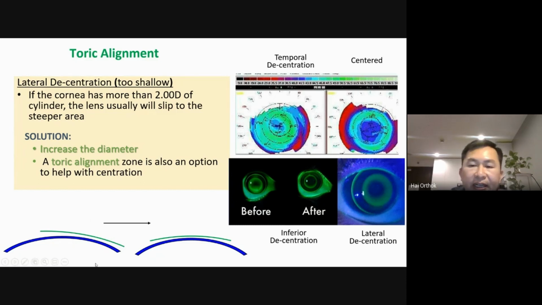But if you see the lens moving down and a lot of tear channel at 6 and 12 o'clock, then you have to change to the toric design. And if you see lateral decentration, remember there are 3 reasons for lateral decentration, and you have to find the correct reason in order to troubleshoot it more effectively.